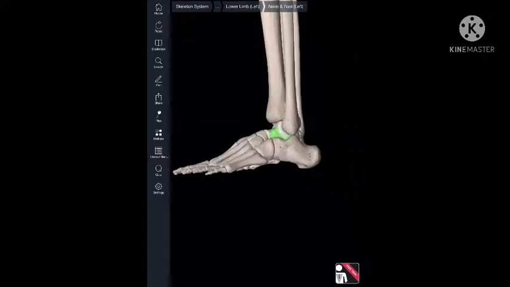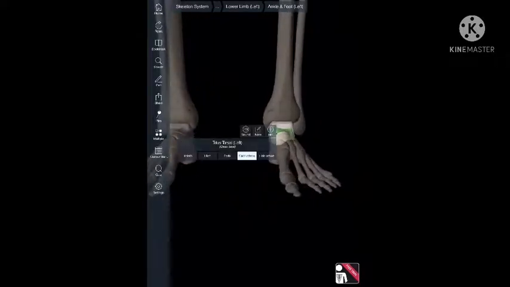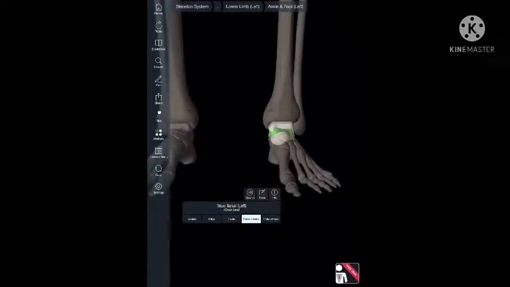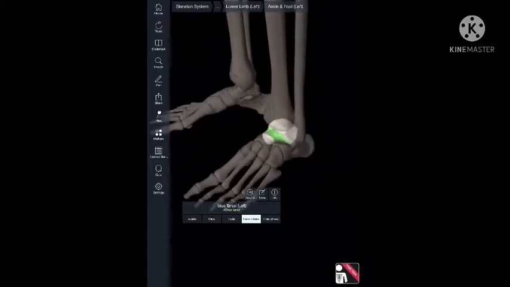So here is our talus, and it articulates with 4 bones. These are the tibia, the fibula, the calcaneus, and the navicular bone.